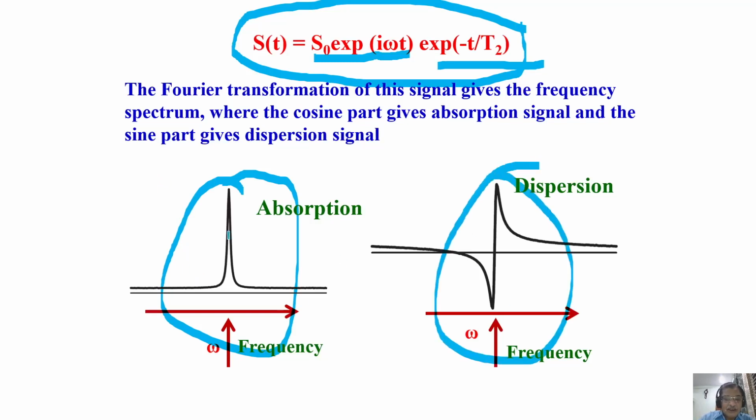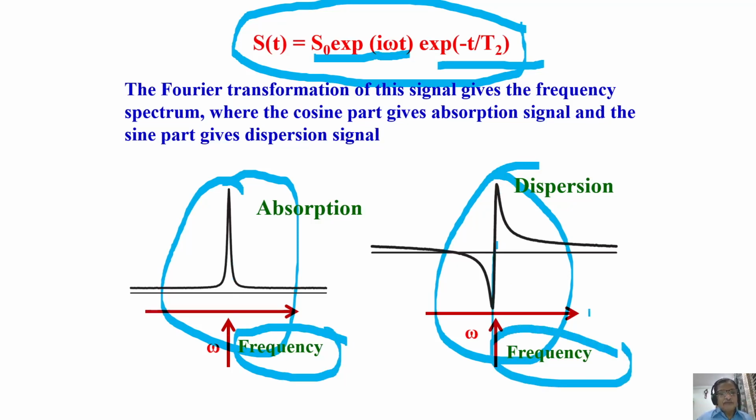Look at it. This is called the absorptive spectrum. This is called the dispersive spectrum. At the center of this, you get the frequency of the oscillation. And at the zero crossing point of the dispersive spectrum, you also get the frequency.